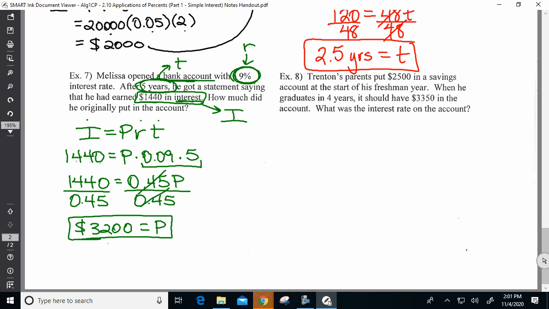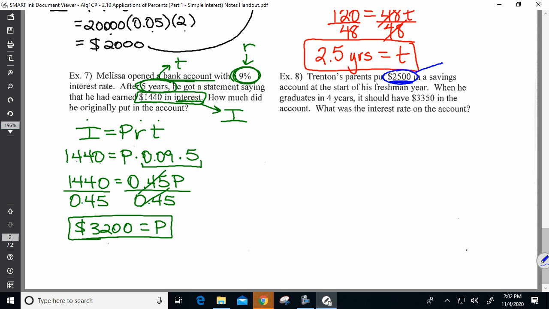Example 8. Trenton's parents put $2,500 in a savings account at the start of his freshman year. When he graduates in 4 years, he should have $3,350 in the account. What was the interest rate on the account? So, let's first look at what they gave you. Trenton's parents put $2,500 in the account.